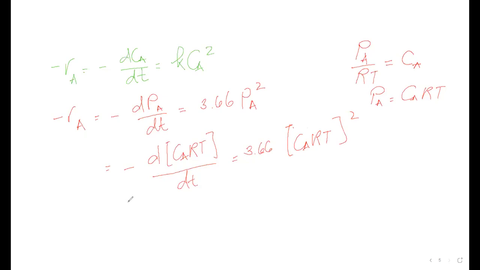RT is a constant, so you can place it before the differential. Correct. You can place this before the differential, negative RT, then this must be dCA dt is equal to negative 3.66, same thing here, C sub A RT squared, so C sub A squared times RT squared.